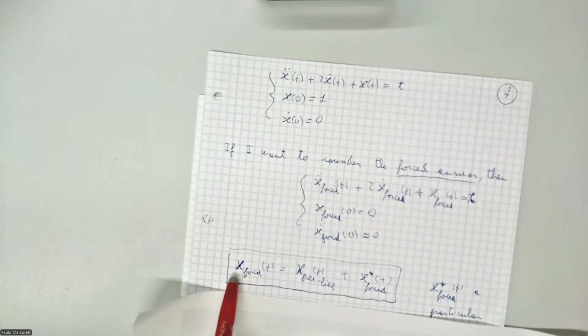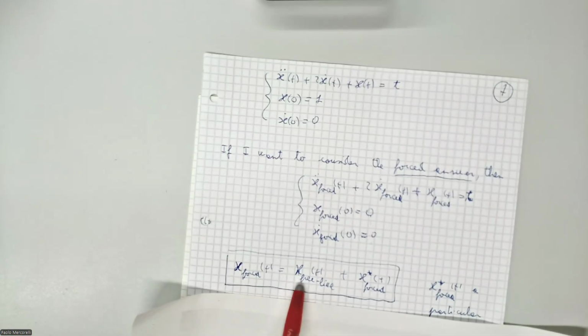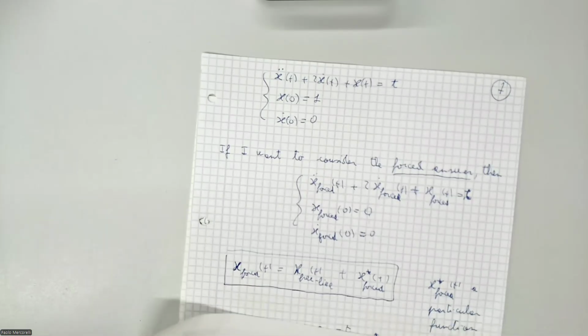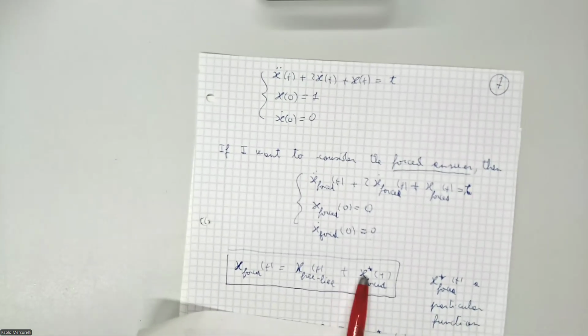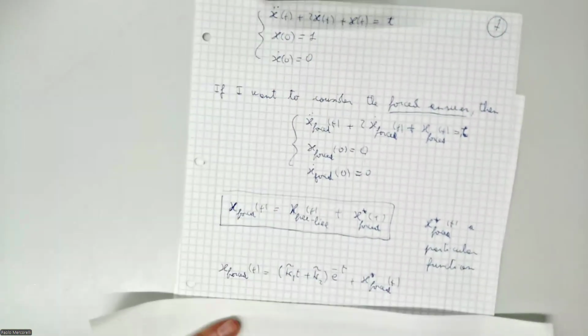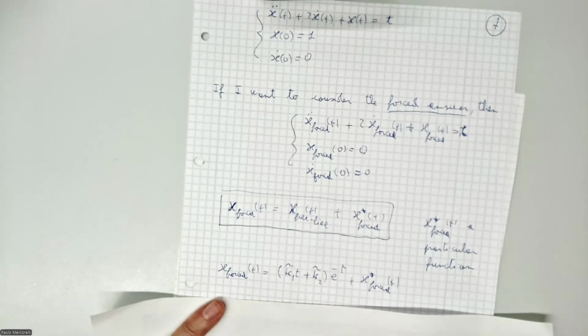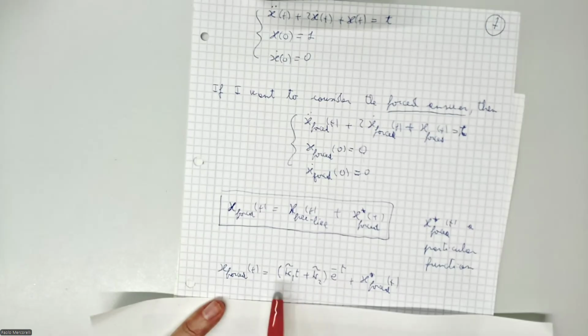Remember the idea. X forced is something structural, not exactly the free answer, but the free one plus a particular function x star. This is exactly the structure of the free one, but not exactly with the same K1 and K2.